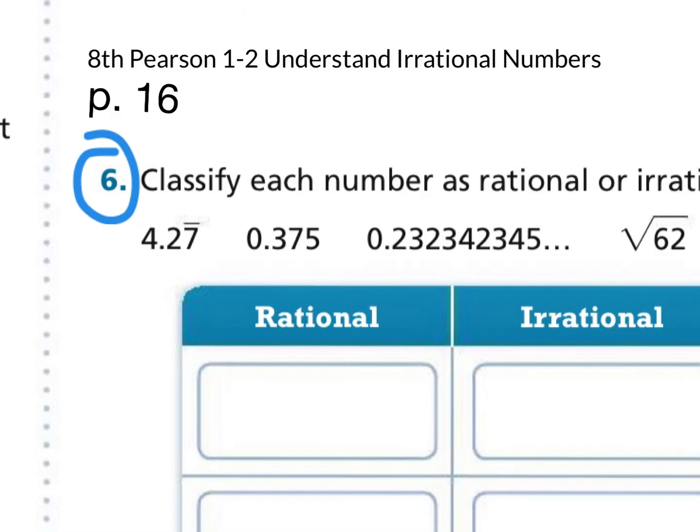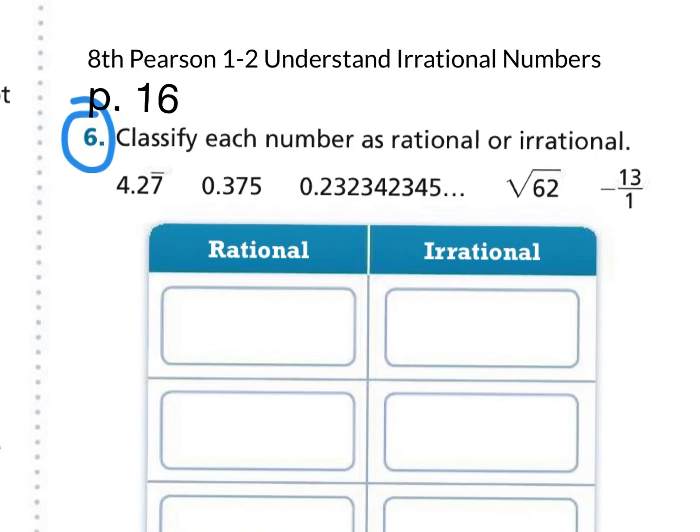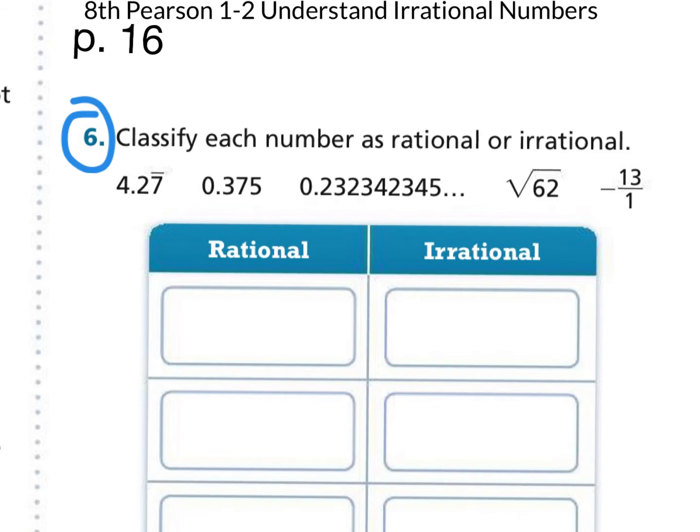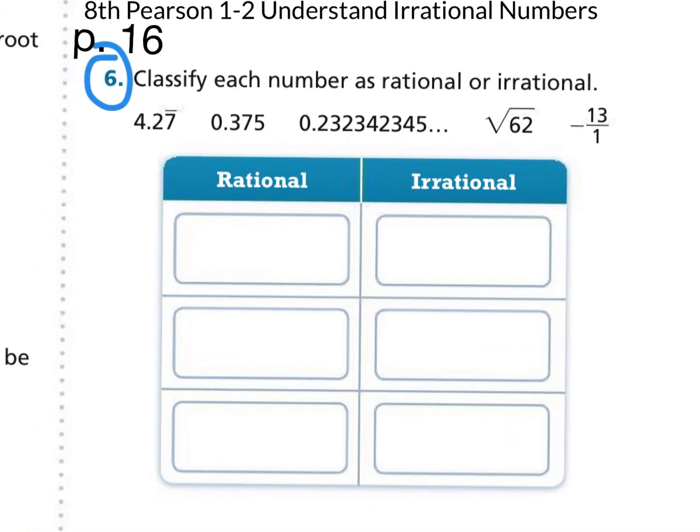If we look at number 6, they want us to classify these numbers as rational or irrational. So once again, if the decimals keep going and they don't repeat themselves, it's irrational. Otherwise, it's rational. You can think of rational as a ratio, a fraction with two integers, or it can be written that way anyway.